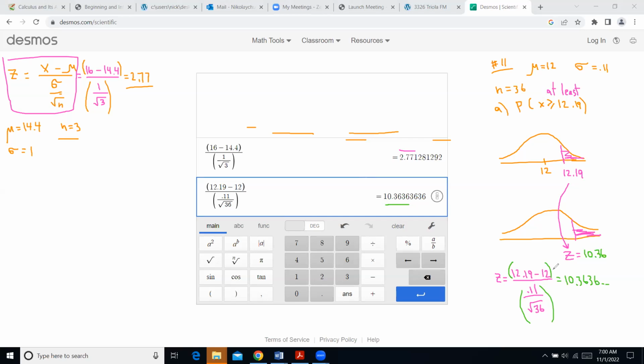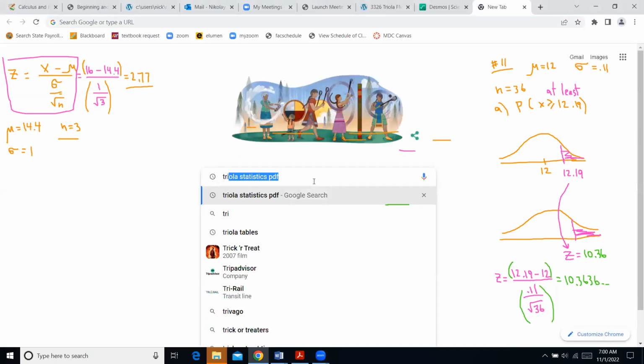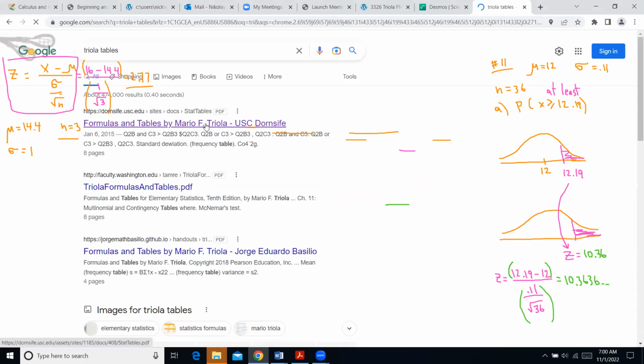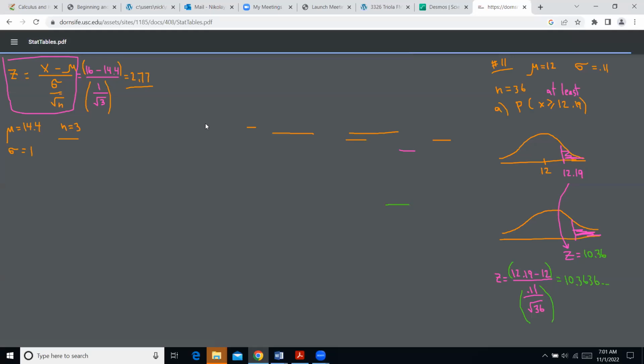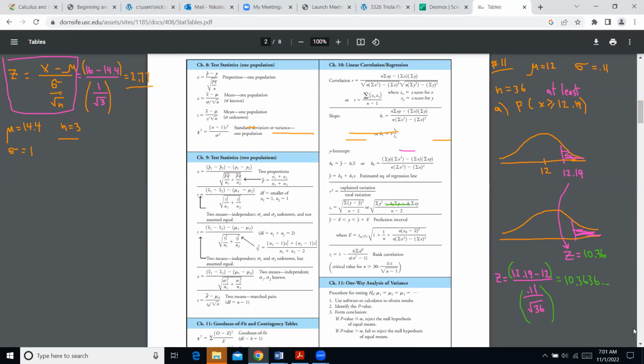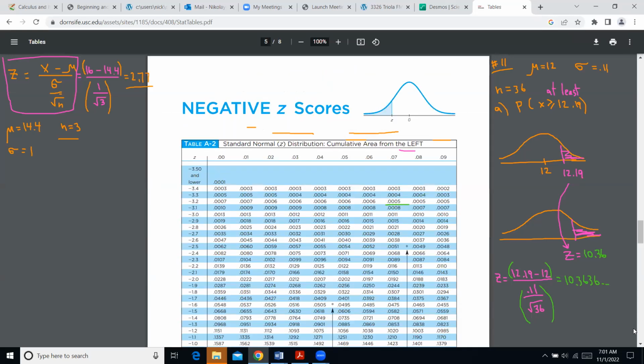And this z-square, now I need to locate in my tables. I need to open tables as well. So Triola tables. So here's the choice, Triola tables. So we go for the 10.36 and the standard normal distribution, which is a very big z-square.